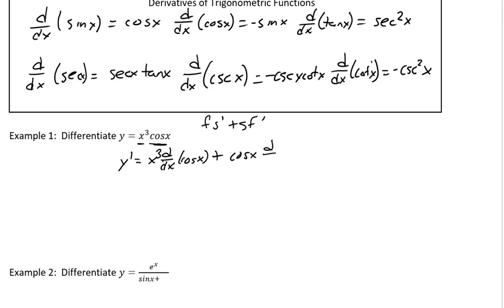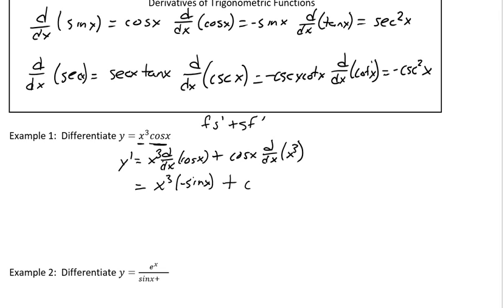So that'd be x cubed, and the derivative of the cosine is the negative sine of x, and then the cosine and the derivative of x cubed is 3x squared.